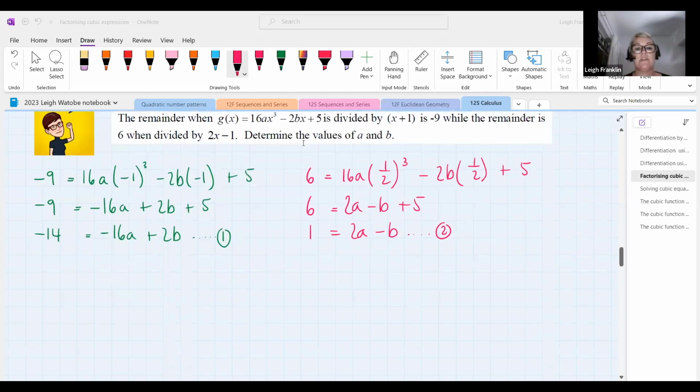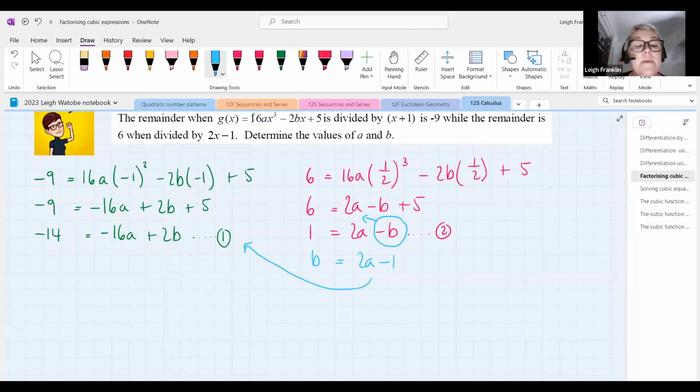Okay, now I need to solve simultaneously. So probably the easiest thing for you to do is make b the subject of the formula by taking it over to the other side and bringing the 1 back this way. And now we can take this and sub it back into that other equation over there. So we'd end up with -14 is equal to -16a plus 2 times b, which is 2a minus 1.